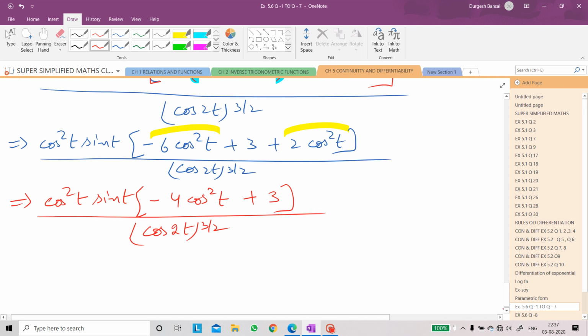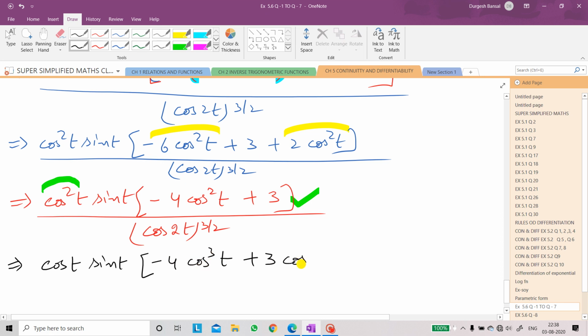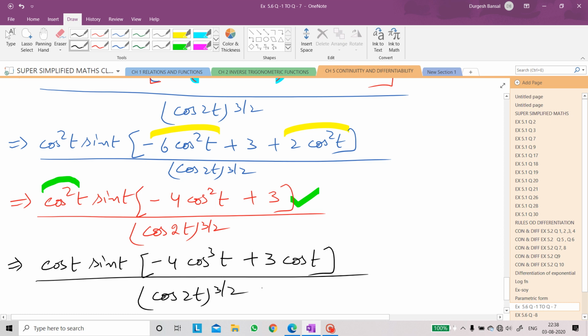You can see from here I can take 1 power of cos t and multiply it with this bracket. So this expression becomes, here only 1 power of cos t will be left, cos t sin t, minus 4 cos cube t plus 3 cos t, and whole divided by cos 2t raised to the power 3 by 2.